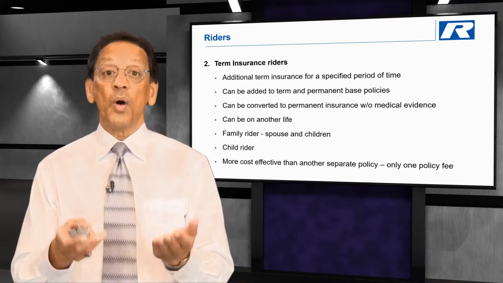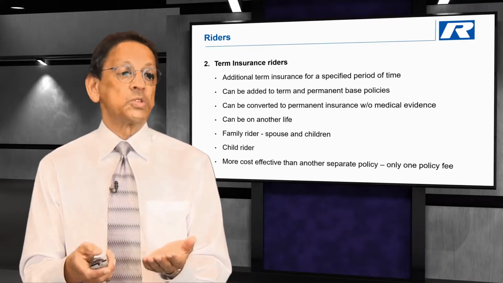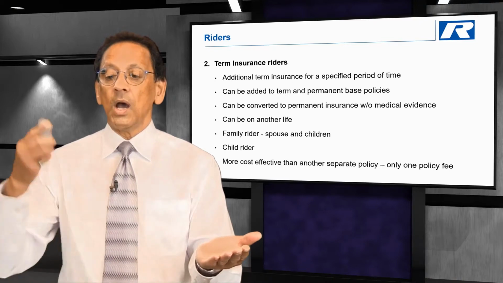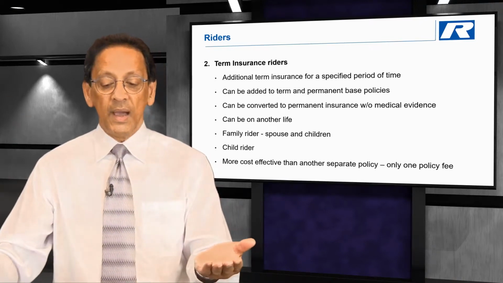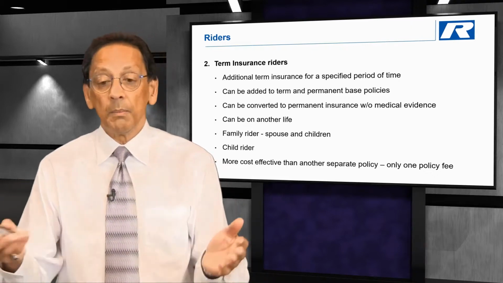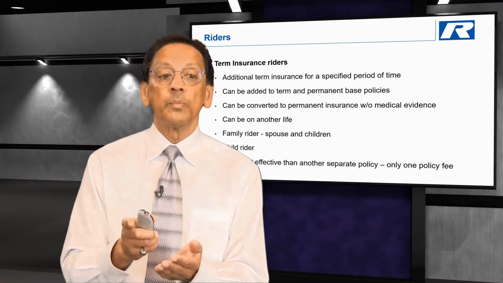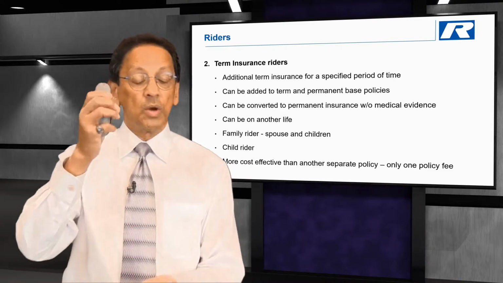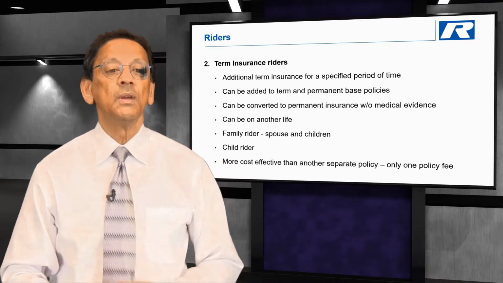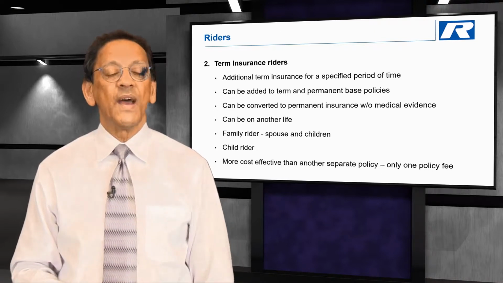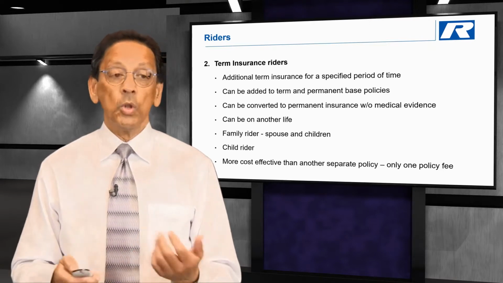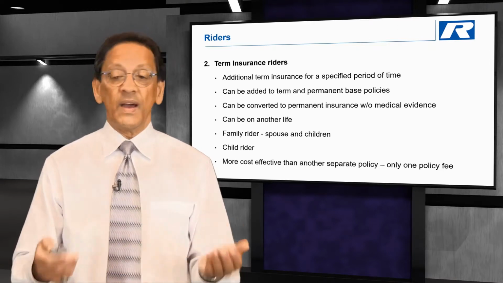You're only paying one policy expense, as opposed to if I had a $100,000 permanent plan and a $100,000 term insurance, I would have 2 policies and 2 policy fees or 2 policy expenses. By combining that into one policy, I would still get the $200,000 of coverage, but I would only have to pay 1 policy fee each year. So there's an advantage to adding a rider. And again, if you no longer need the rider, you can in fact delete it.